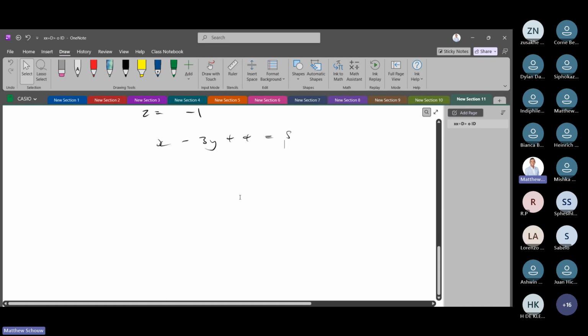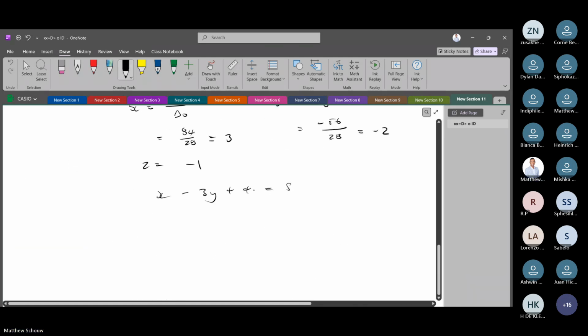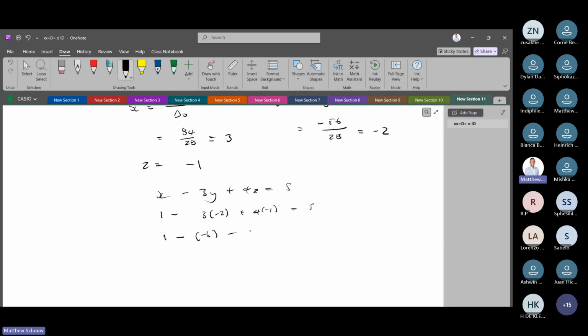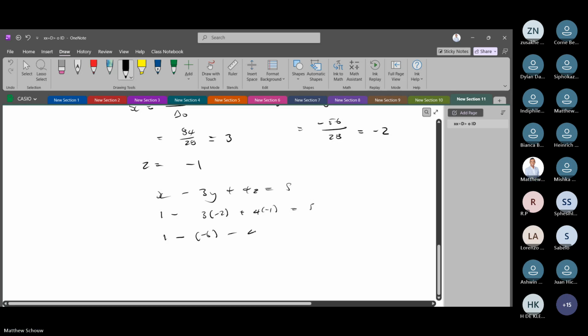Okay, fine. So x was 1, -3, y is -2, plus 4, that's -1. Here we have 1, we have a -6, it's become a +6. And then we have a -4 over here.